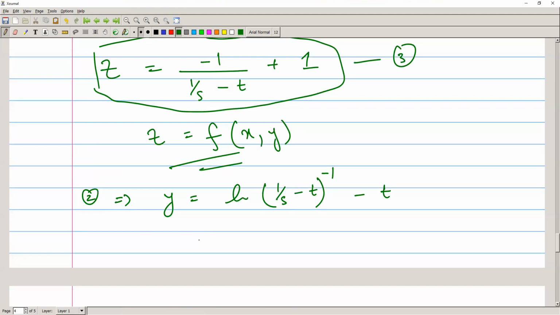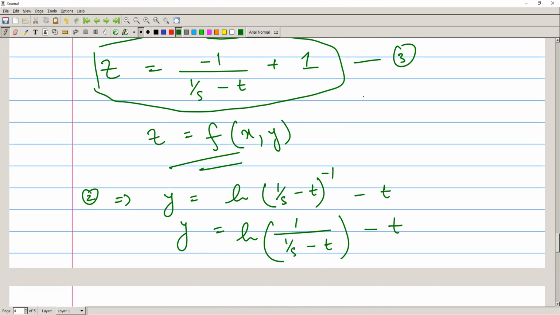So I can write it as y is equal to ln of 1 over s minus t, and minus t. And from the equation of z, we can see that negative 1 over s minus t plus 1 is equal to z.